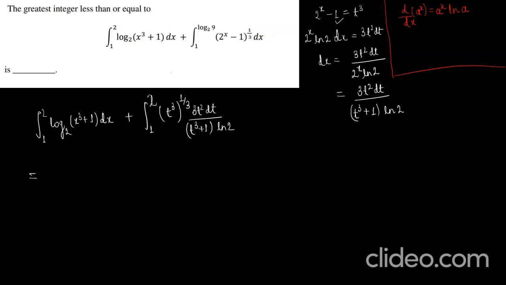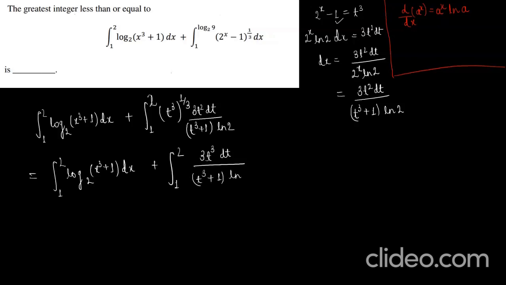After this, integration of 1 to 2 of log of x cube plus 1 dx to the base 2, plus integral 1 to 2, this will be 3t cube dt upon t cube plus 1 ln 2.